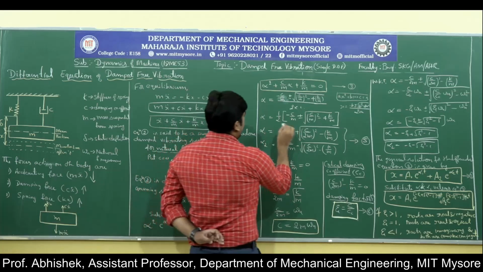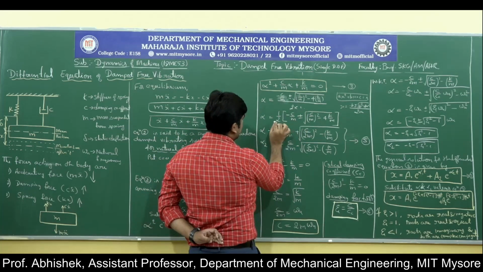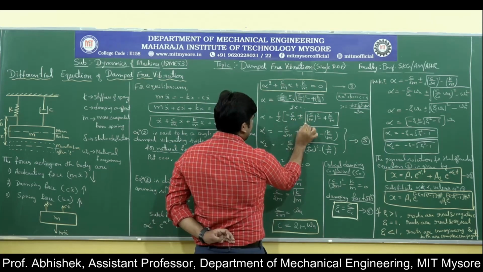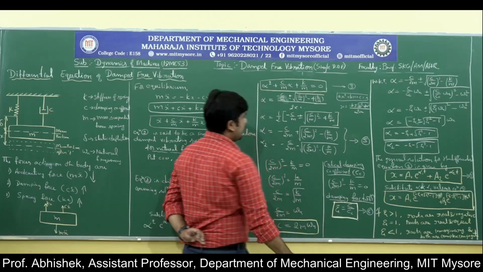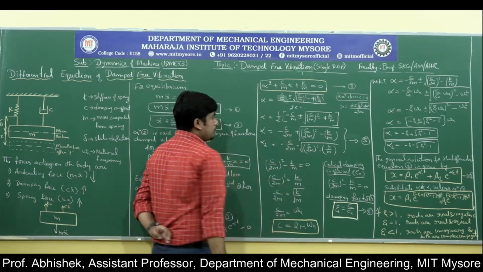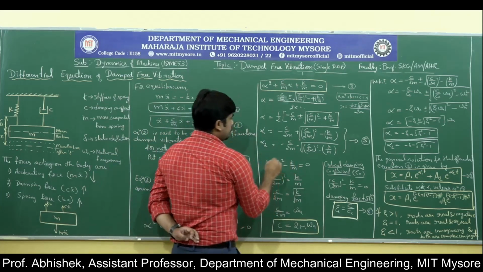Now just modify this: take the 1 by 2 outside, then minus c by m plus or minus square root of c by m square minus 4 into k by m. Now I want the individual roots, so I can reduce one more step.